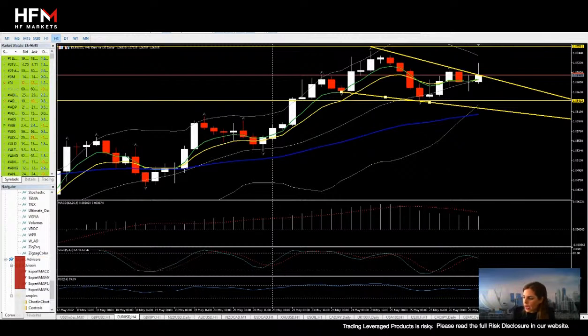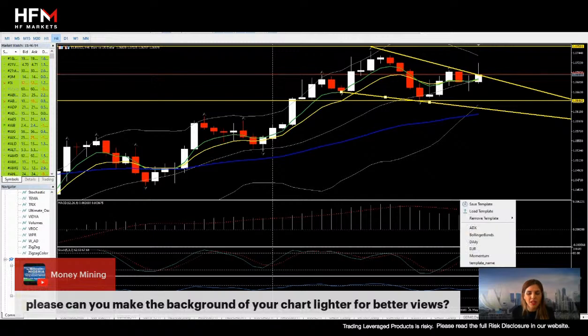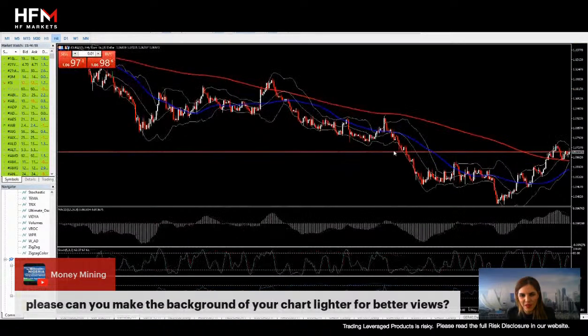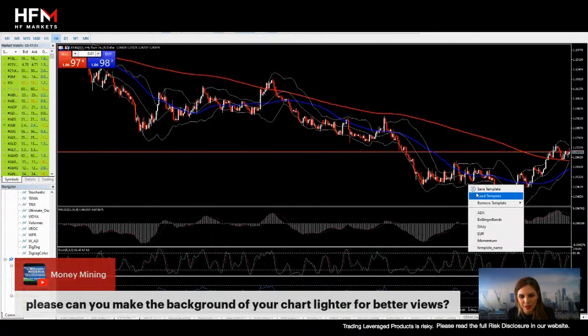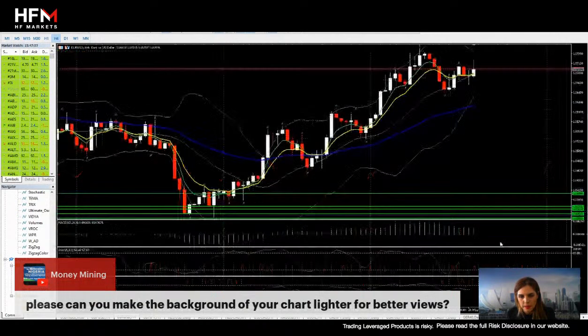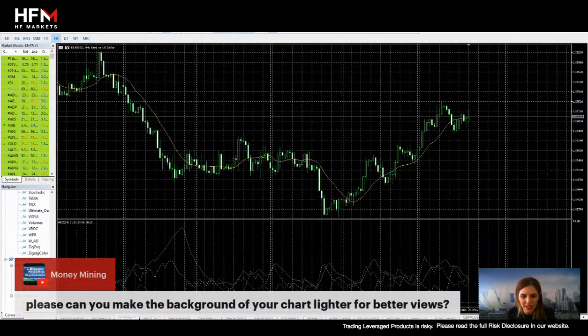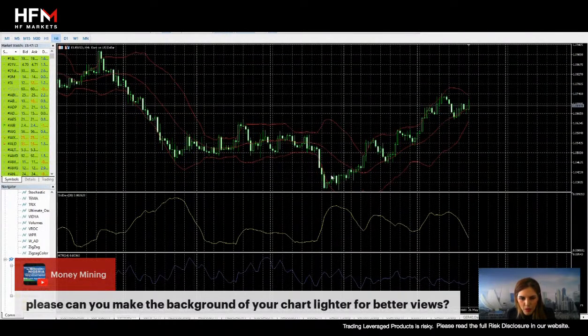I could change it, even though that's my template. Let's see whether I have a brighter background. I don't have one on this PC, I'm afraid. I'm used to the black, to be honest, but I do understand that it might struggle you.